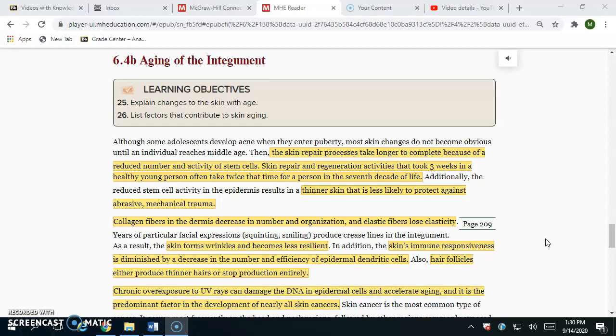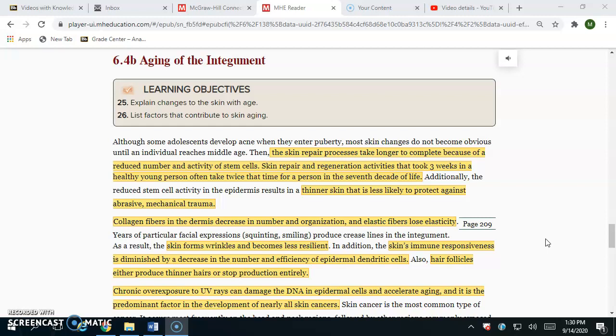So that's the dermis. But as we get older, the number of collagen fibers decreases, and the elastic fibers aren't as well organized. The elastic fibers aren't as elastic. They're starting to lose some of that ability to recoil.